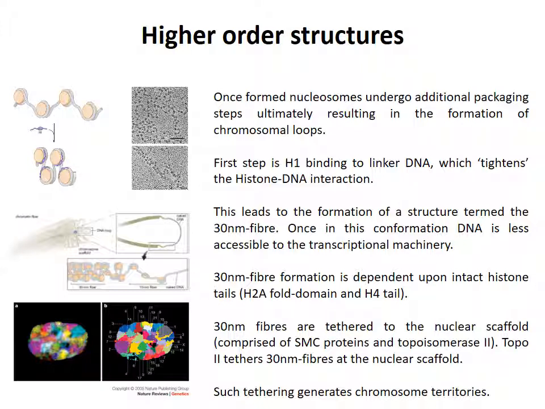Now, why would this be important? Well, we're now beginning to understand that transcriptional control at a certain top level is impacted by these chromosome territories. What we can see is that groups of genes known to function in similar pathways, such as epidermal differentiation and things like that, tend to congregate within the same region of the nucleus.